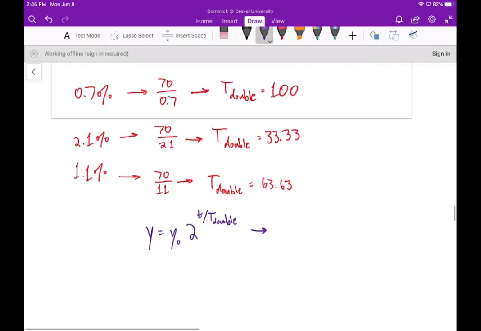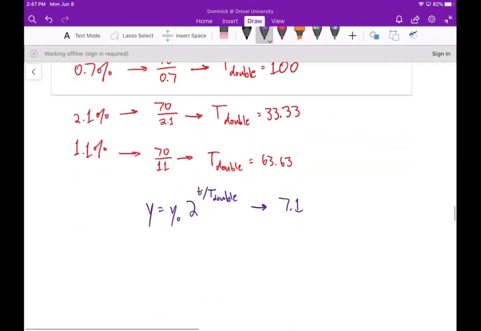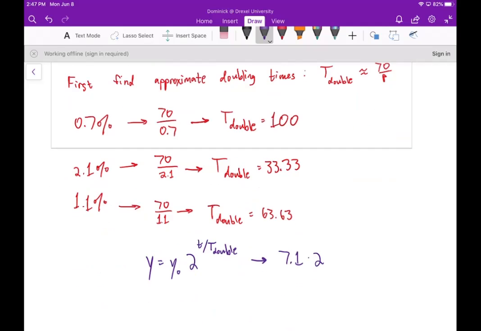The only thing that's going to change each time is the T double, right? They're all going to be 7.1 billion for our initial rate, and then times 2 to the t over T. And of course, since we're going from 2013 to 2050, we need little t to be 37. And then we are going to vary this T double.